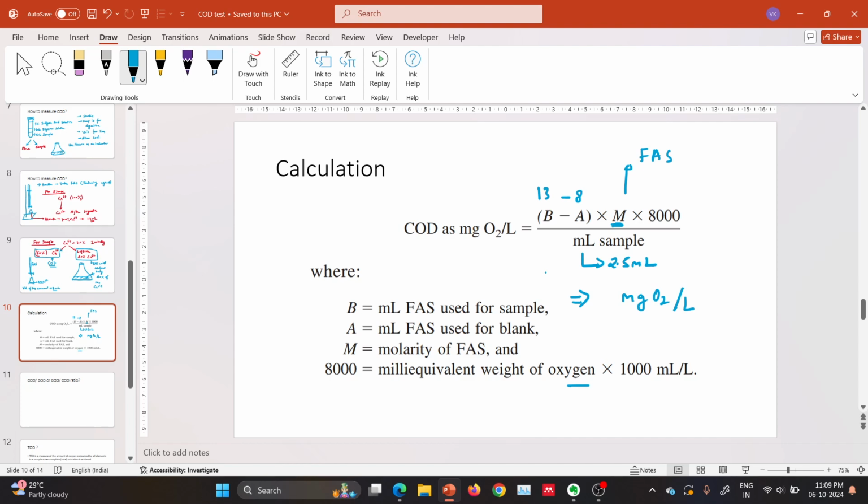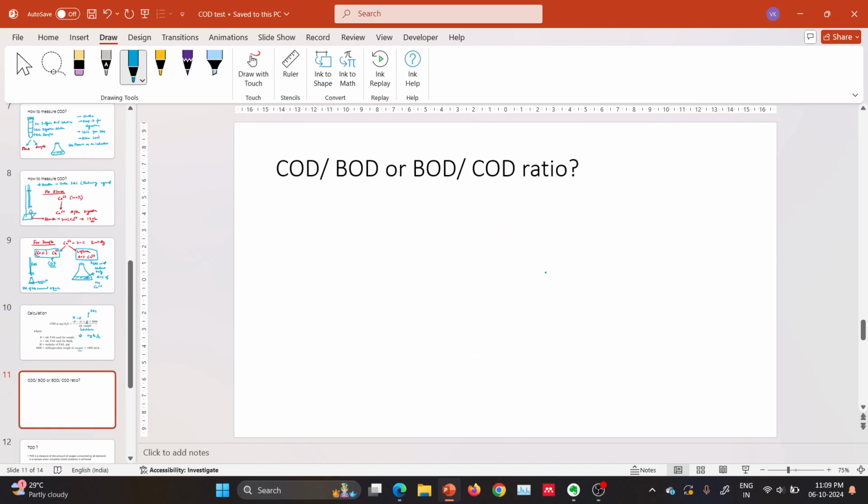So this is how we calculate the COD. So what does the ratio of COD by BOD, or BOD by COD ratio, mean?